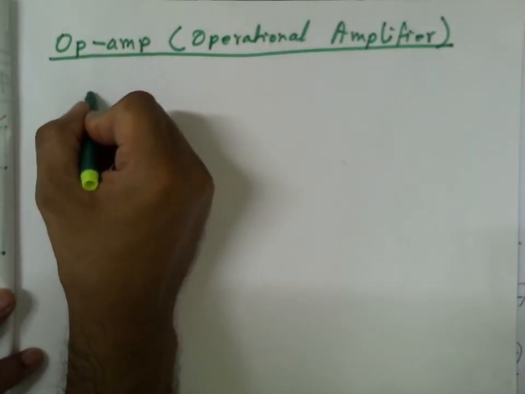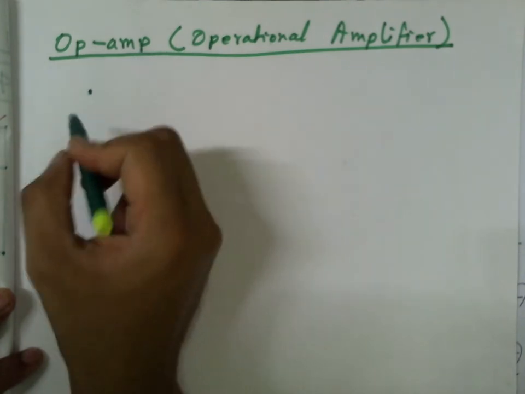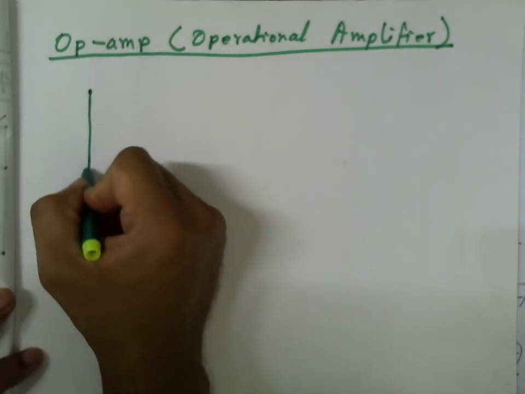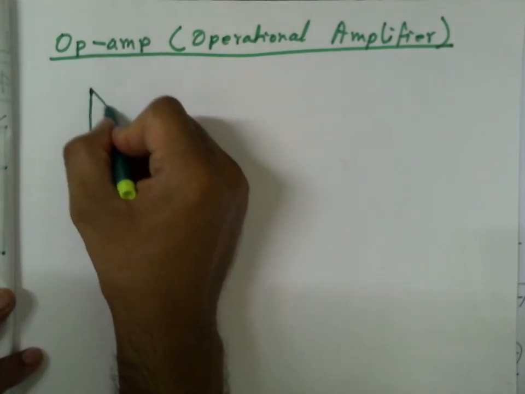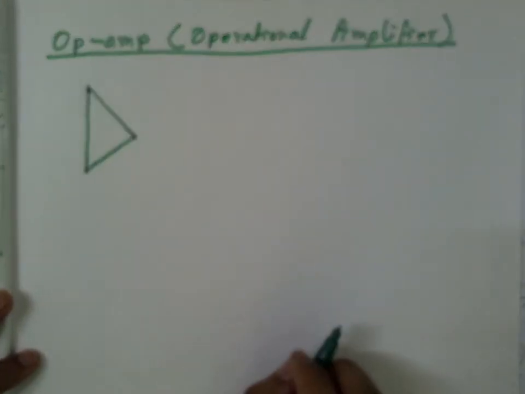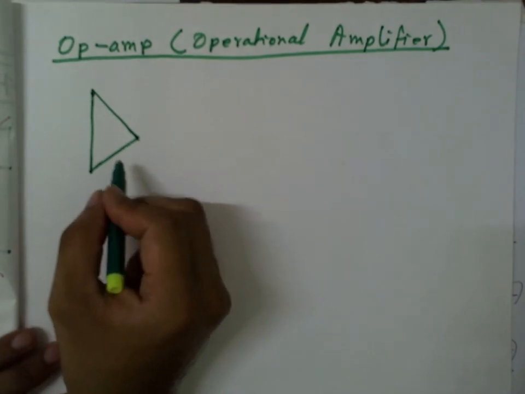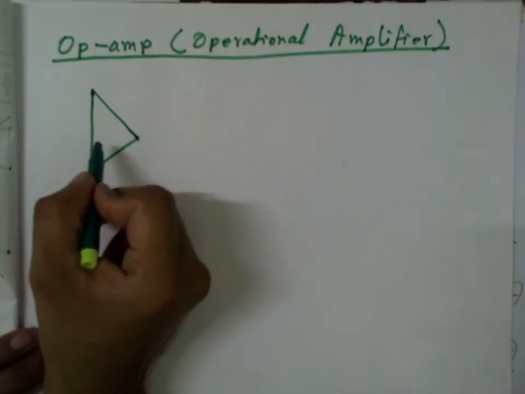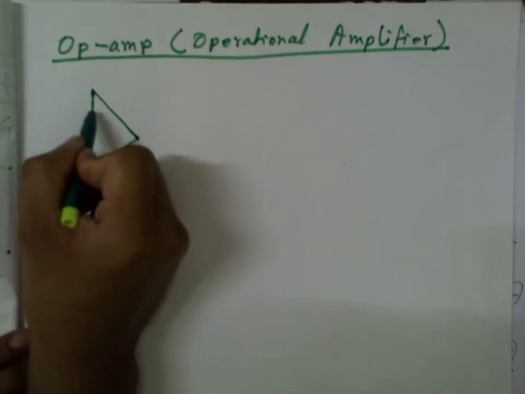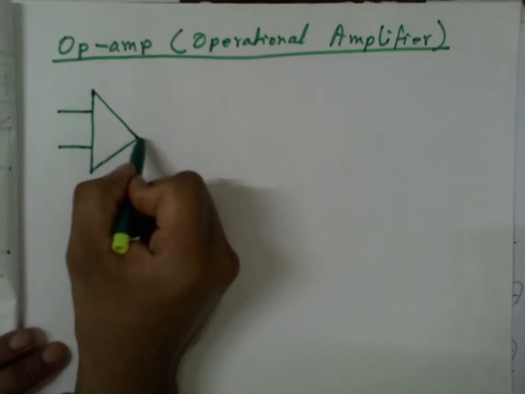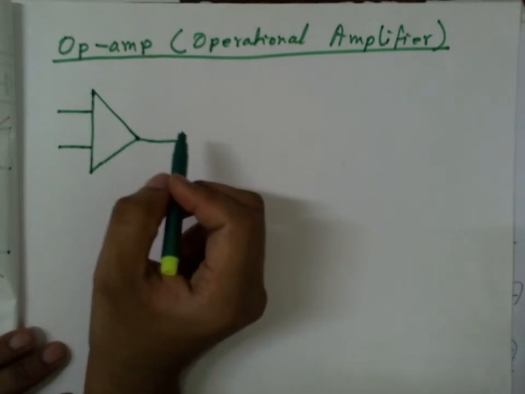Before telling anything else, let me tell you that it is drawn as a triangle in all electrical circuit diagrams. This has two input terminals and one output terminal.